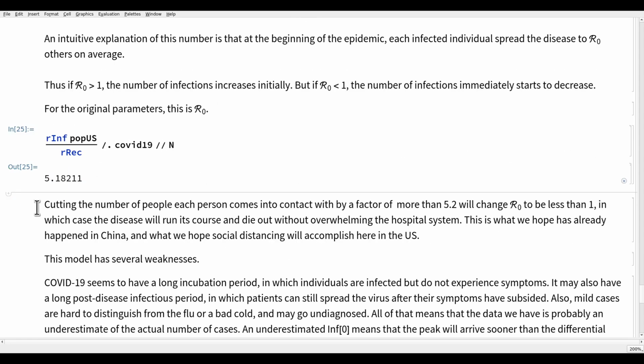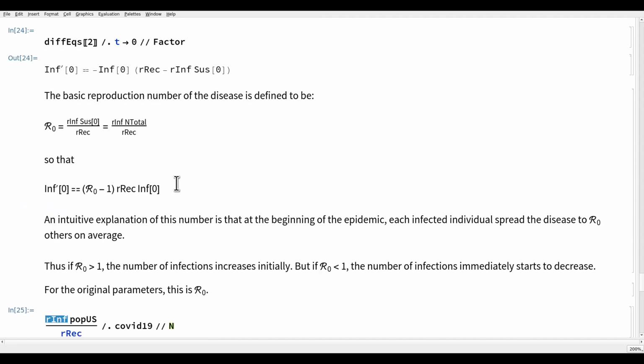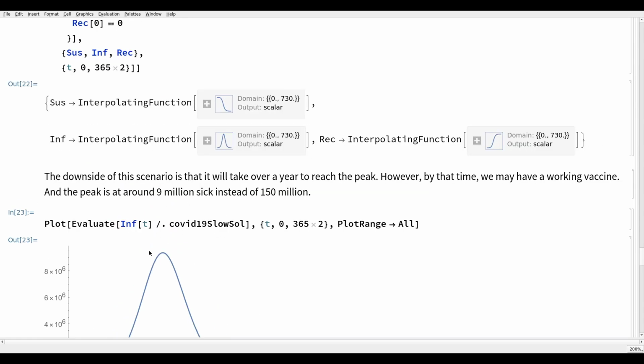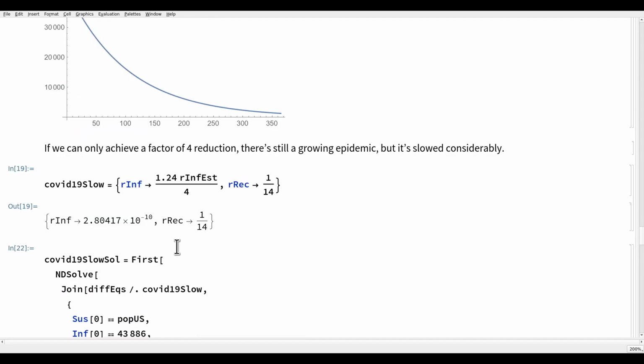So we want to modify this so that it's less than 1, which means that we need to cut the contact rate, the rInf, by a factor of at least 5.2. And that boundary of 5.18 to 5.2, that's really the very precise boundary between this behavior, which was with a factor of 4, and, oh, where did it go?